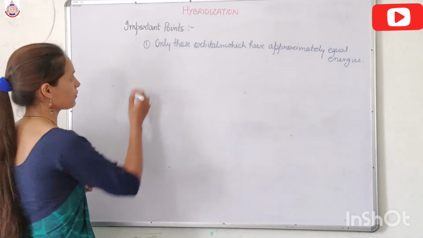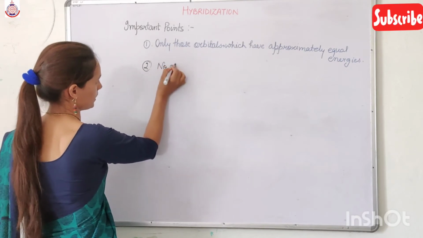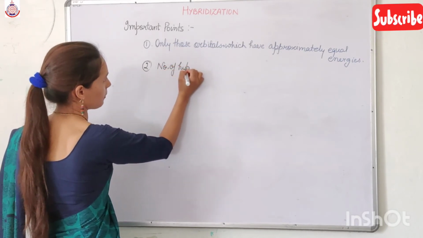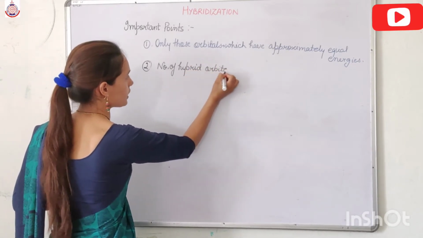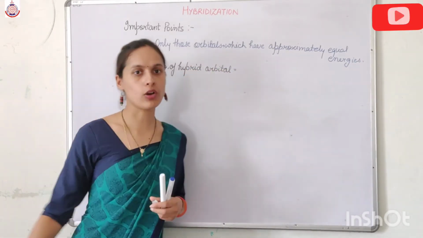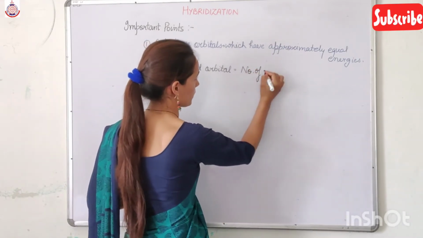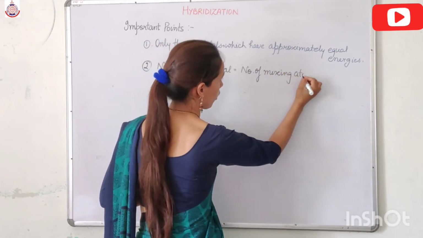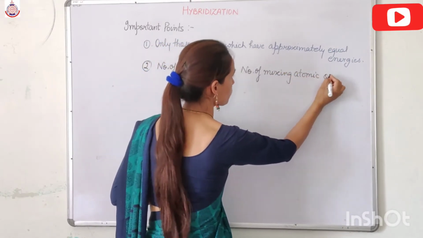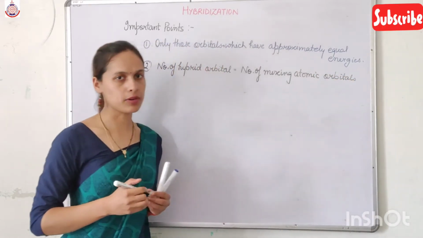Now, the second important point is the number of hybrid orbitals. The number of hybrid orbitals is equal to the number of mixing atomic orbitals. If 2 orbitals combine, then we get only 2 hybrid orbitals.